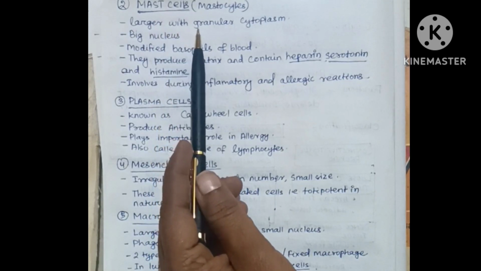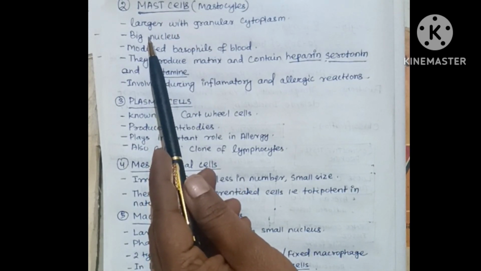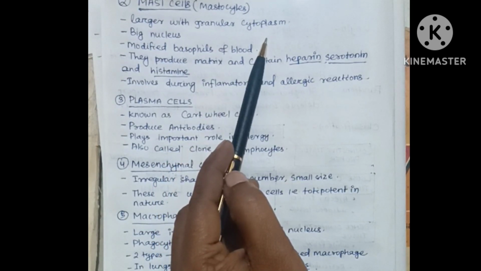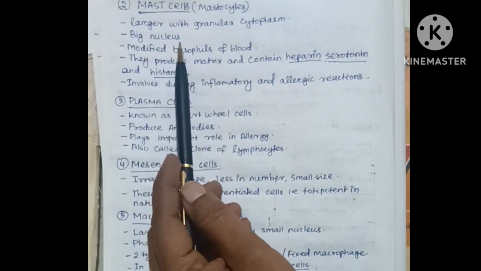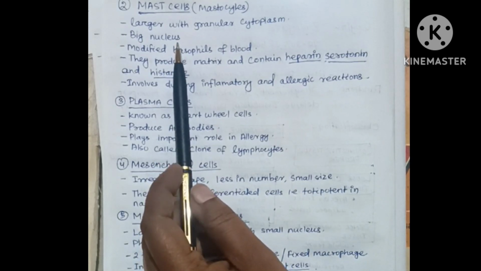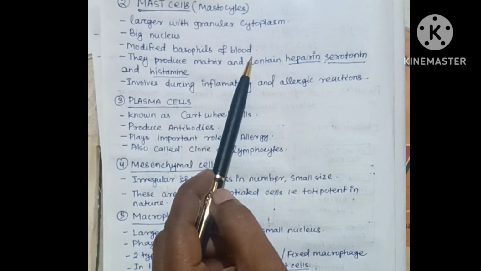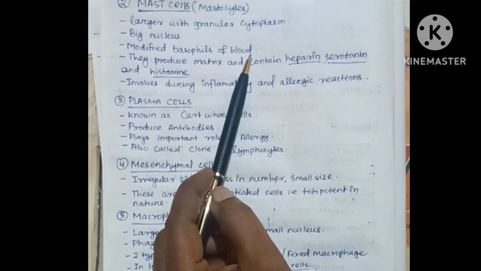Next, mast cells or mastocytes. These are larger cells with granular cytoplasm, meaning granules are present in the cytoplasm, and a very big nucleus. These are modified basophils of blood. You know, basophils are present in blood. The mast cells are a modification of basophils because their function is similar.